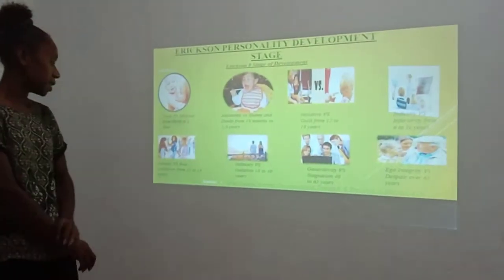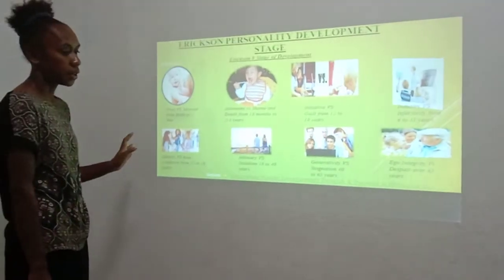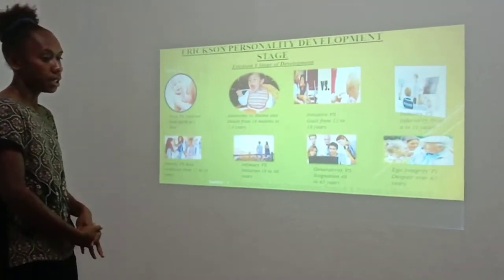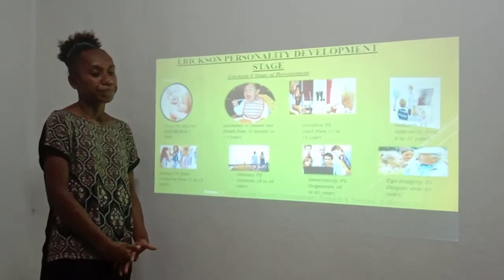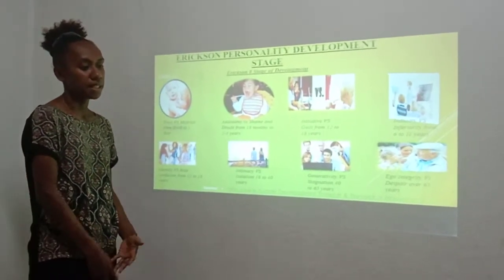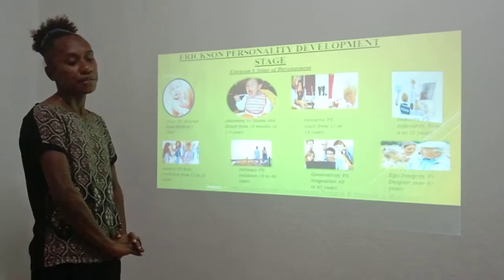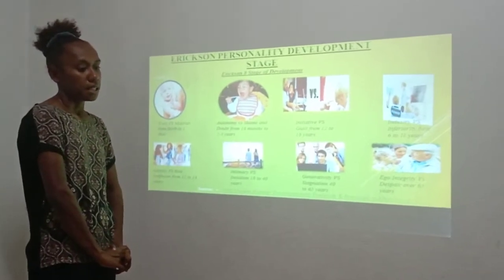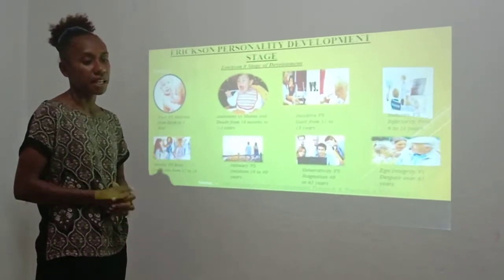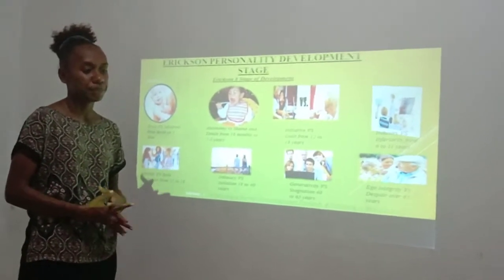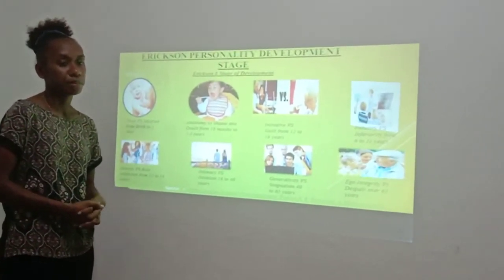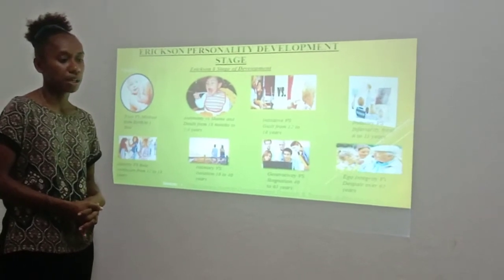So the fifth stage is the identity phase, from 12 to 18 years old. This is the fifth stage of Erikson, which happens during adolescence between the ages of 12 and 18.